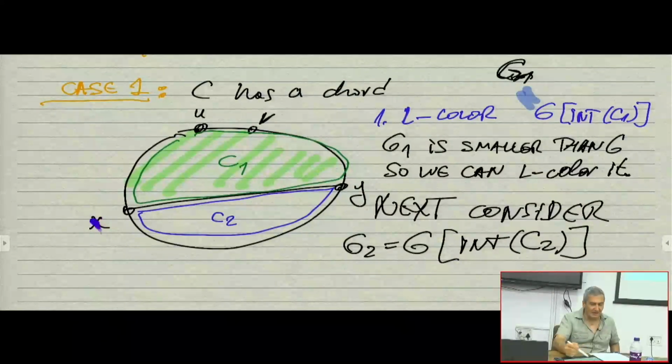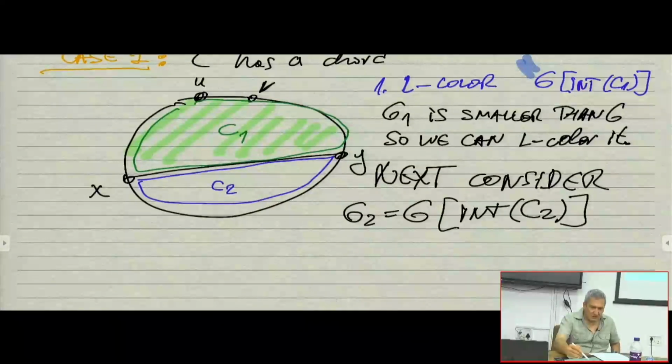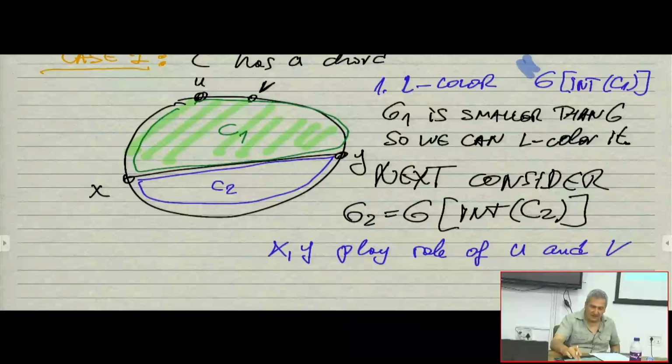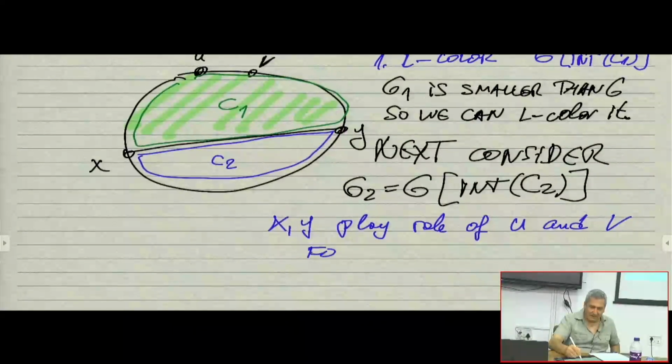This will get some color, and this will get a color, and these 2 vertices will be colored differently. It's a proper coloring. So x and y will play the role of u and v for graph G2.